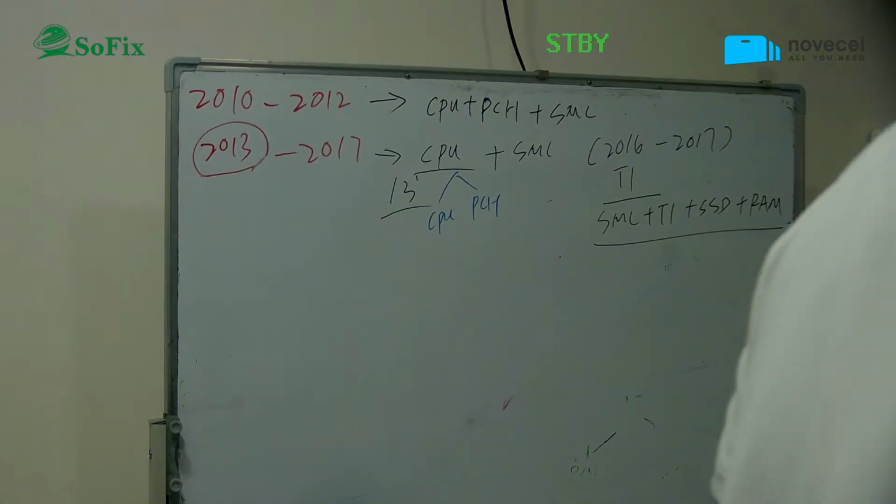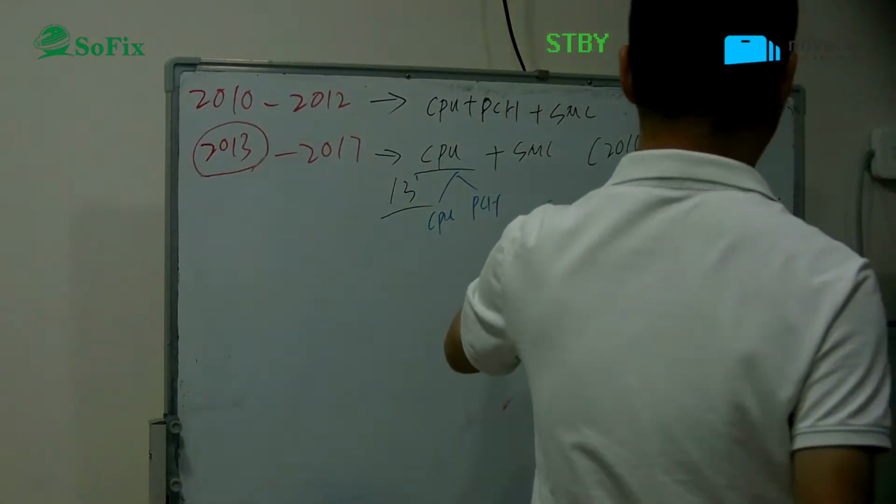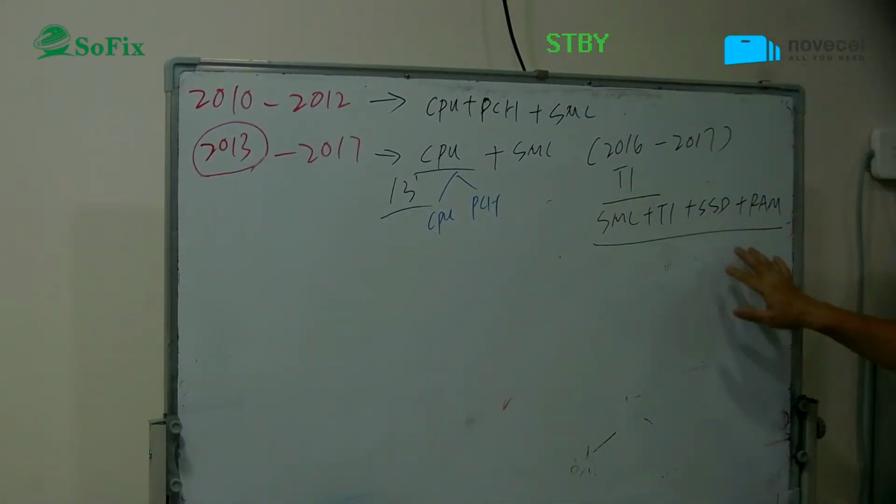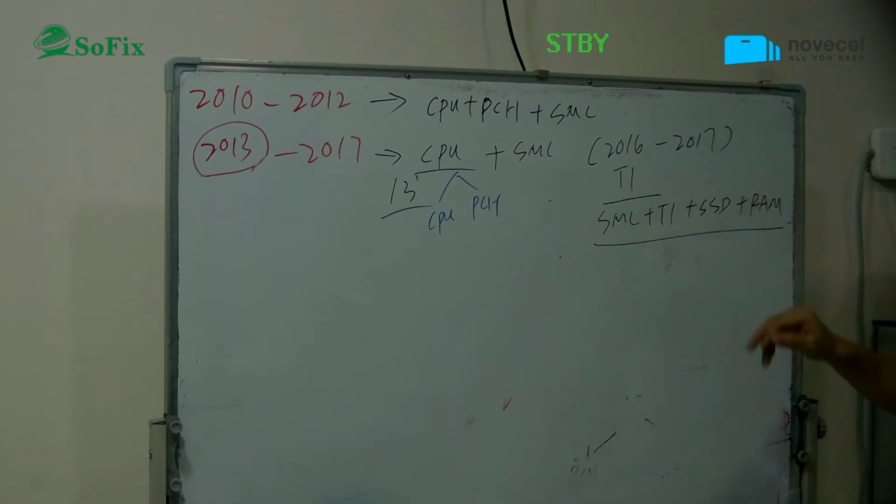But from 2016, this chip storage is on the motherboard. So it's different.